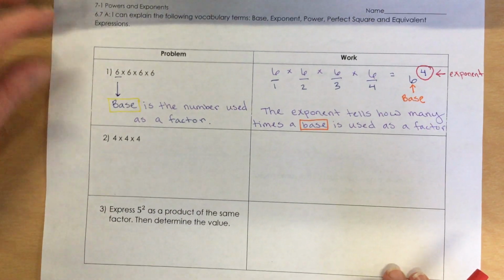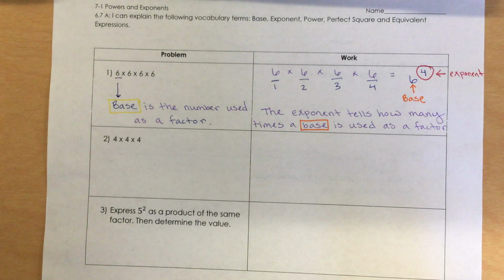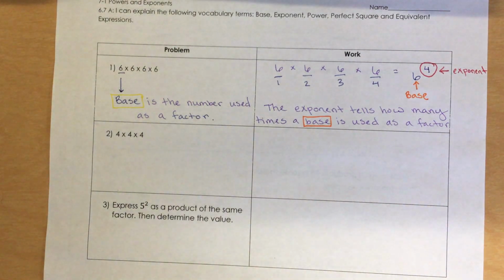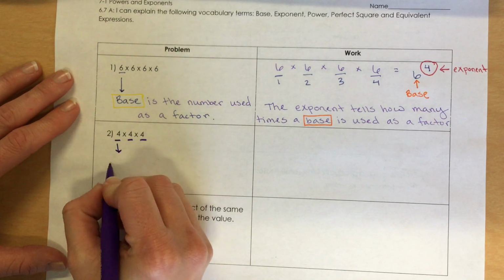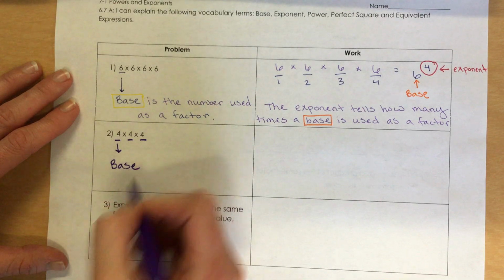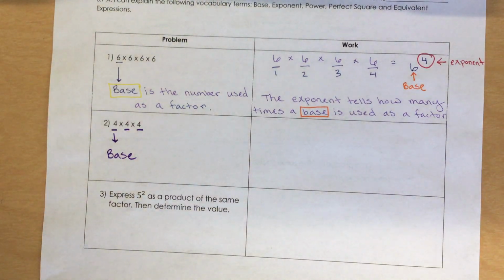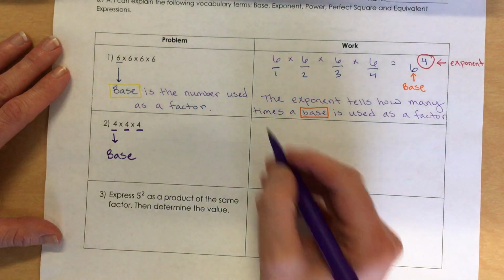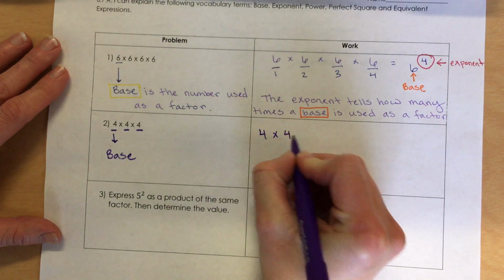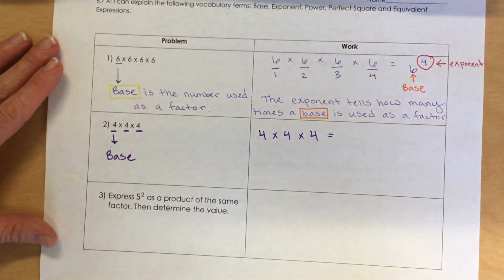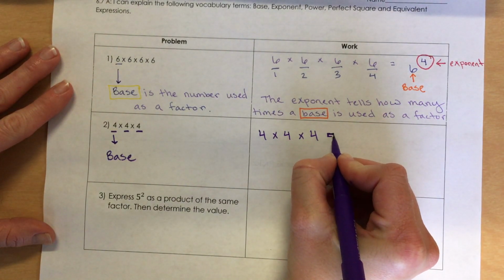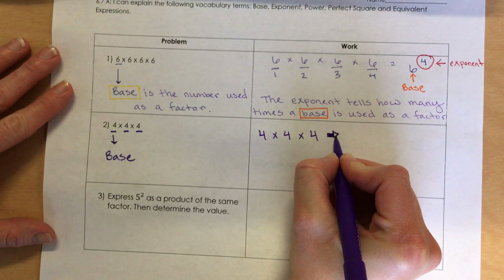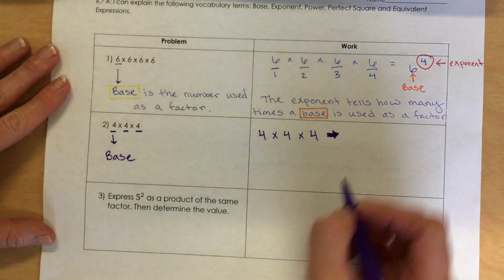All right, so let's look at number 2, another example. So we have 4 times 4 times 4. Well, 4 is our base because it's our factor, or a number used as a factor, excuse me. Let's actually change this to an arrow because we're not actually solving, so I don't want to confuse you guys thinking that that's what it equals.